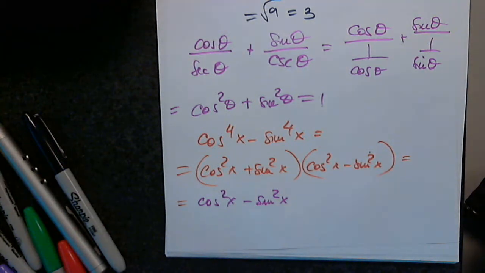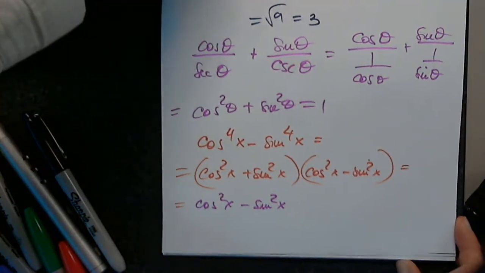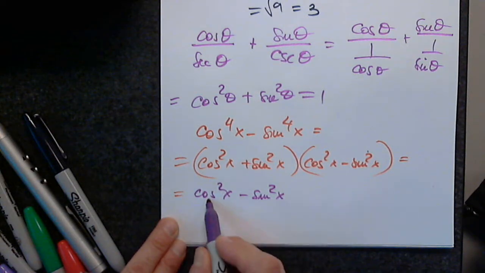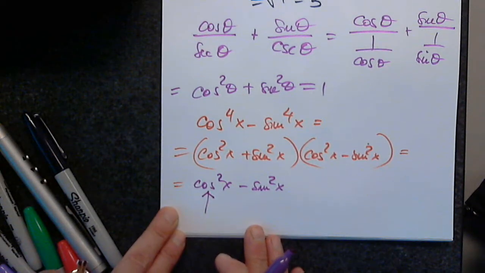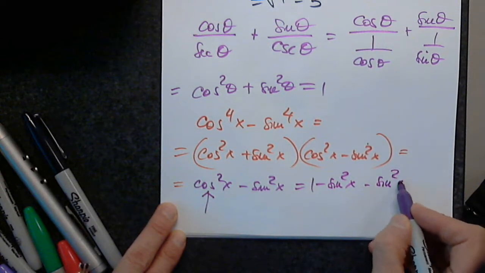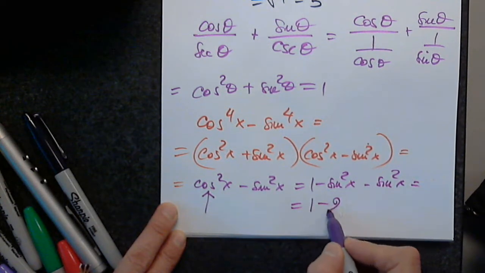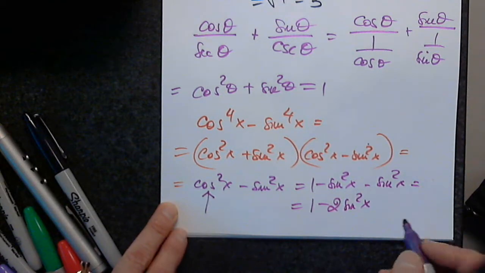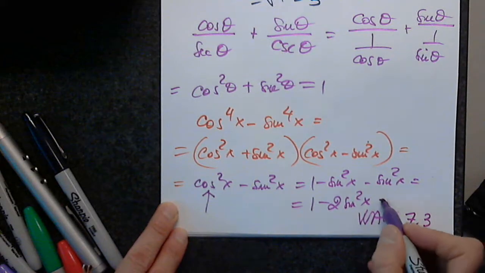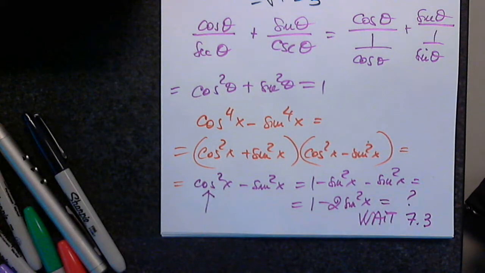But you can say, I prefer cosine. I'm fine. I cannot force you. There is no specific rule here. So if you want to keep sine, then you will replace cosine squared by 1 minus sine squared x. Minus sine squared x is 1 minus 2 sine squared x. And I'm going to say wait until 7.3. And we will finish it then.